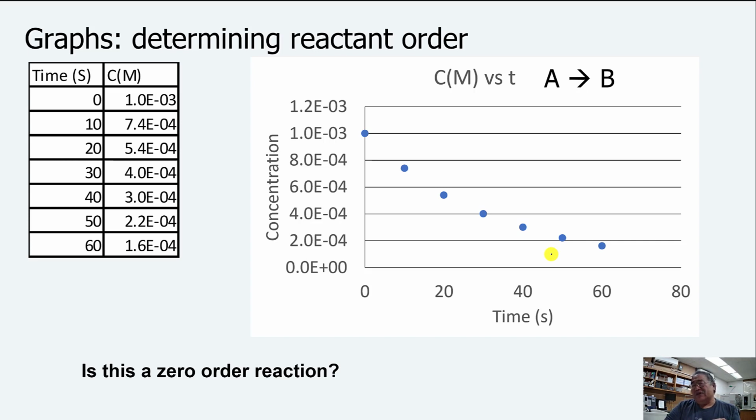Now, how do you tell? Sometimes it's hard to tell whether it really fits a straight line. In those instances, what you should do is take a ruler and draw a line from the first point to the last point, and then see whether or not the data falls on that line.